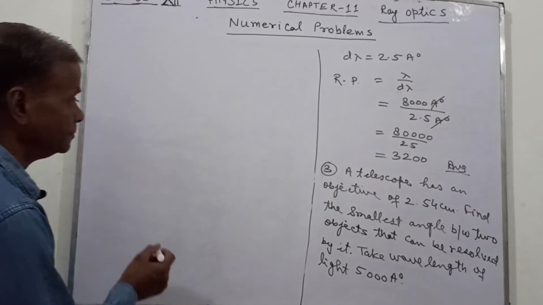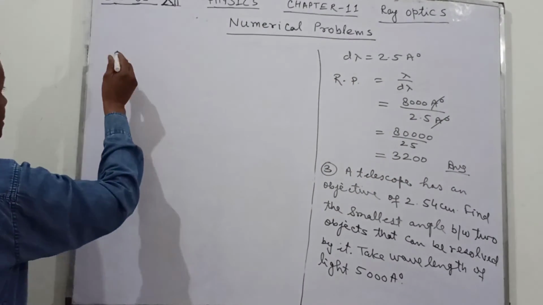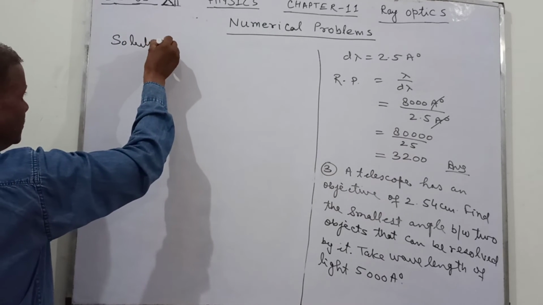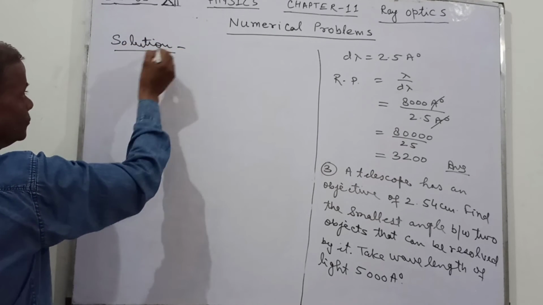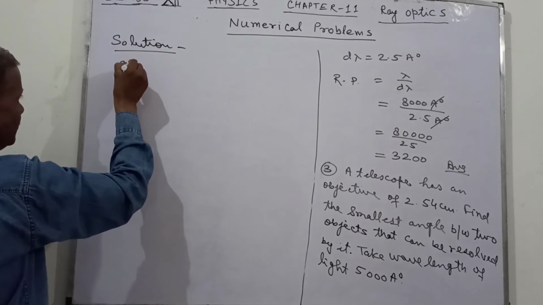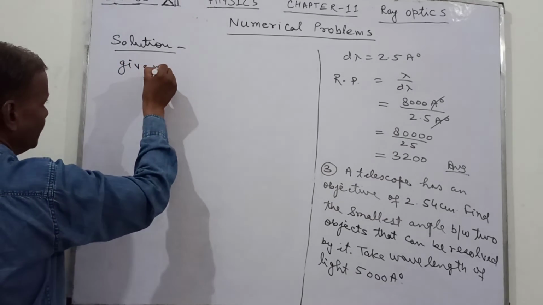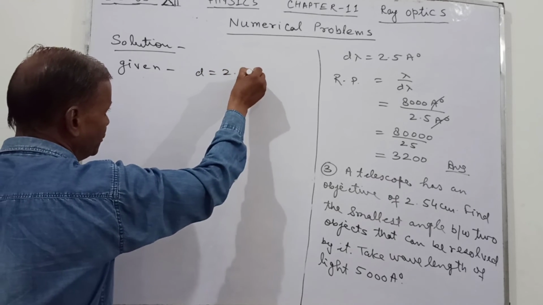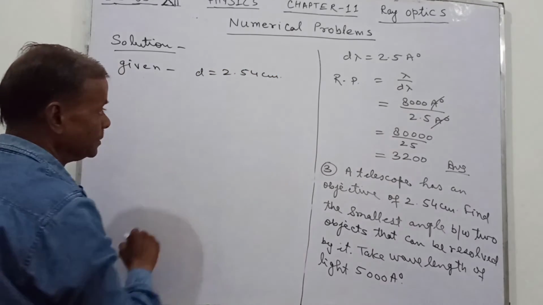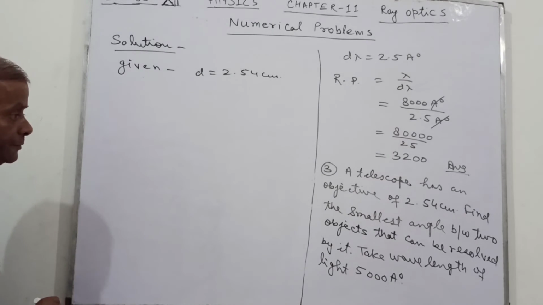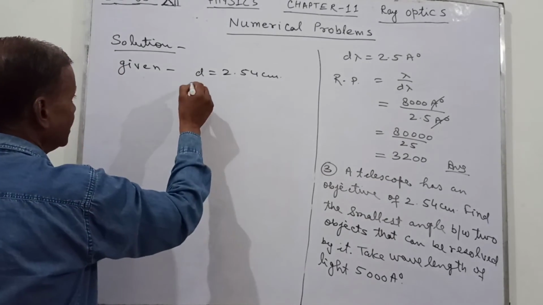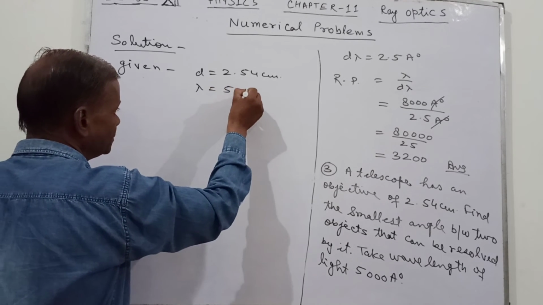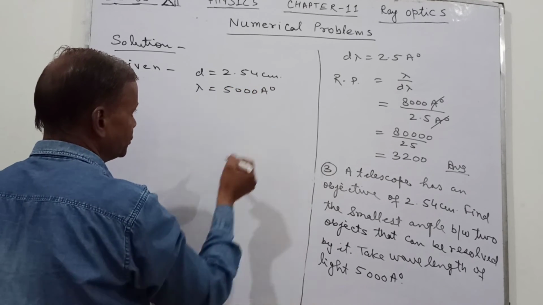Now, here it is given that D is equal to 2.54 centimeter. This is the diameter of the objective, and lambda is equal to 5000 angstrom.